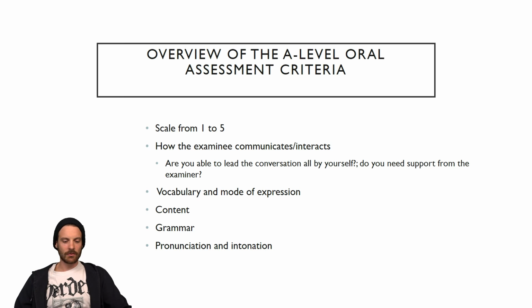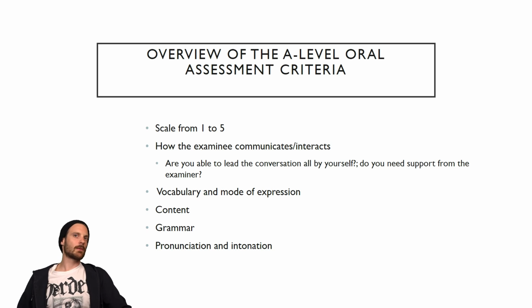In general, you are assessed via four criteria, which are basically made up of vocabulary and mode of expression, content, grammar, and pronunciation and intonation. So these four aspects or criteria have a scale from 9 to 5.